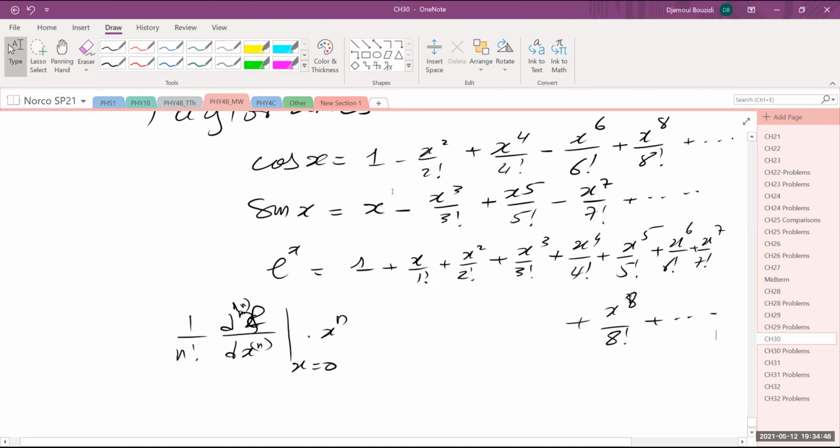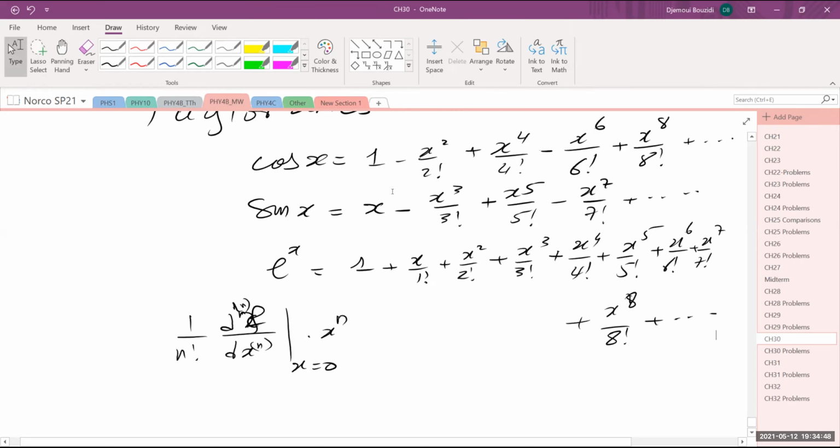Then i to the power 5 is i to the power 4 times i, which is i, and i to the power 6 is i squared times i to the power 4. Remember, i squared is going to be -1. So i to the power 6 is going to be -1, and so on and so forth. In other words, it repeats with this periodicity.